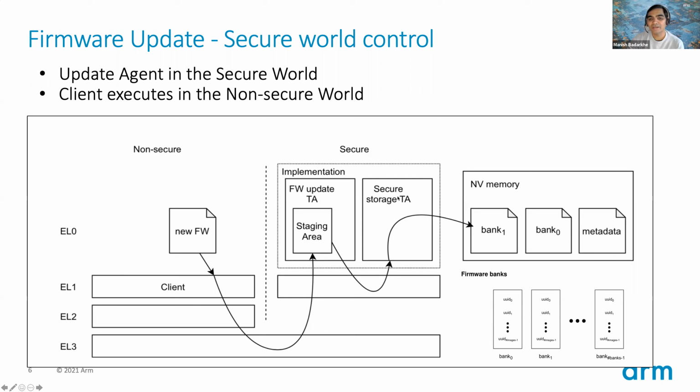This is why this is secure, because this is controlled only by the secure world, and any malicious attacks will not be possible if you have the flash controlled only by secure. Non-secure definitely cannot access the flash and cannot update anything during the flow. That is the only catch over here.